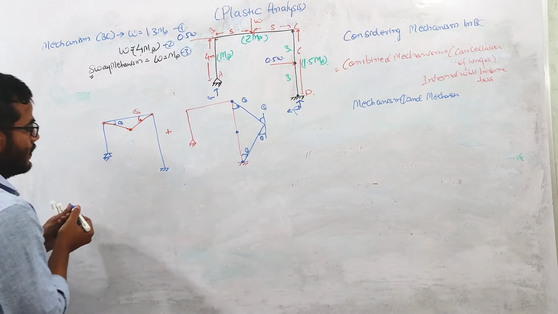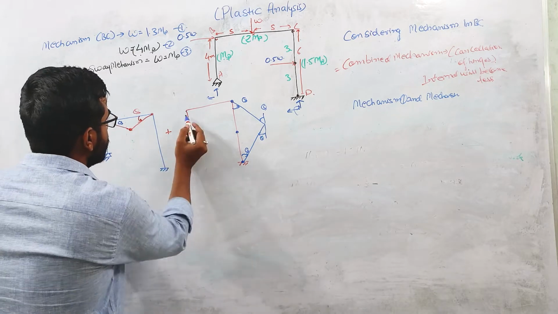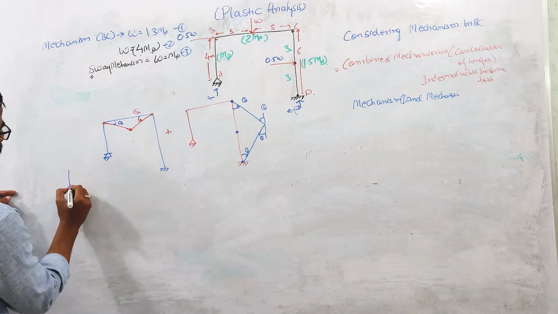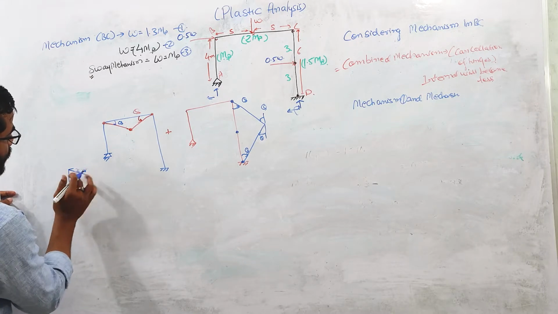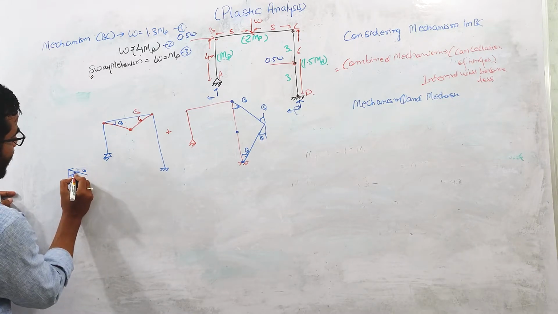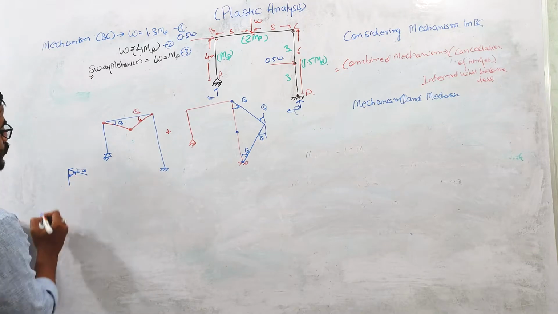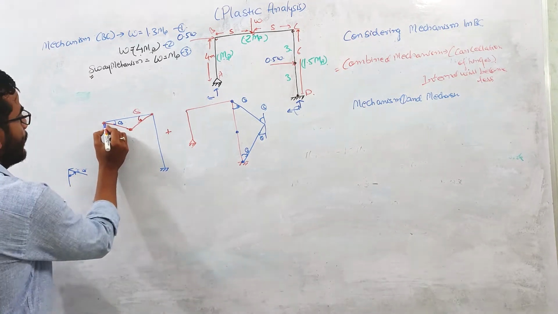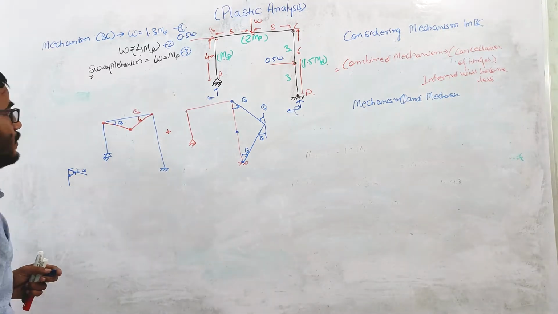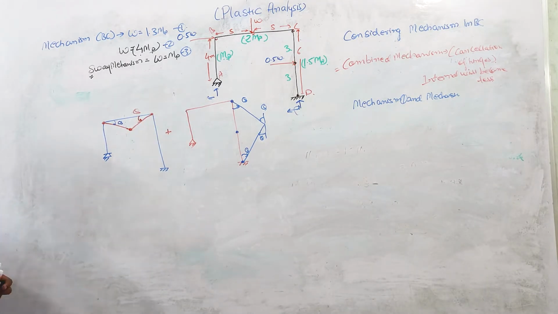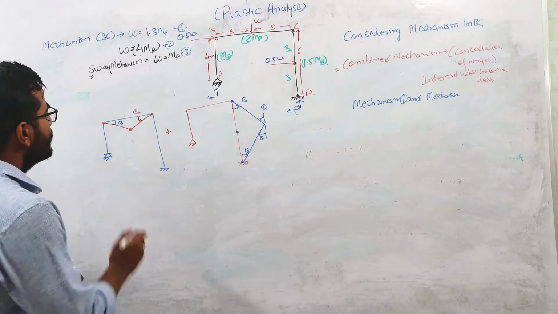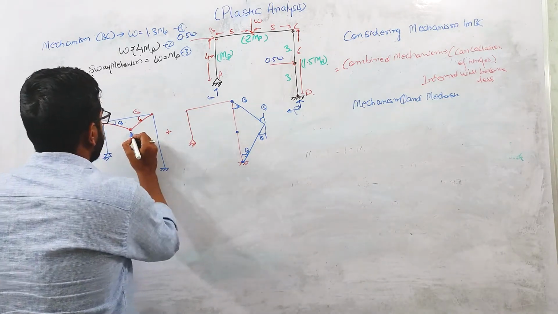So if you combine these two, the net rotation will be in this direction, right? So you can say that the angle between these two members is less than 90 degree. So there will be plastic hinge formation here. Okay, so plastic hinge will form at this point, right? At this point also plastic hinge will form, for the same reason.